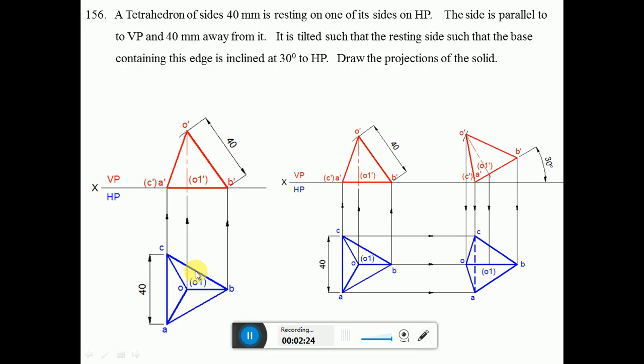Then from B, the corner is B, and the opposite side is AC. So take the midpoint of AC, then join between this and this. They will intersect at this point. So this will be the point O1. Then join OC with a dark line. So now we have the 4 sides.